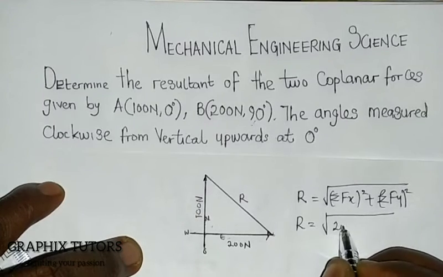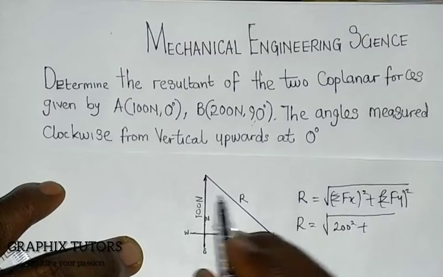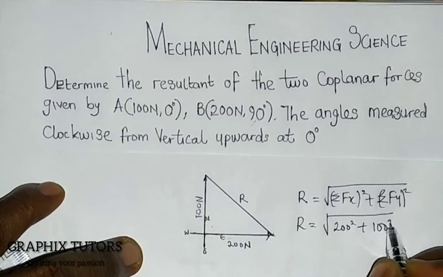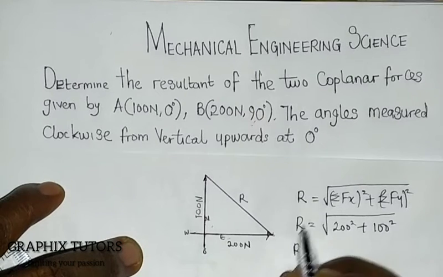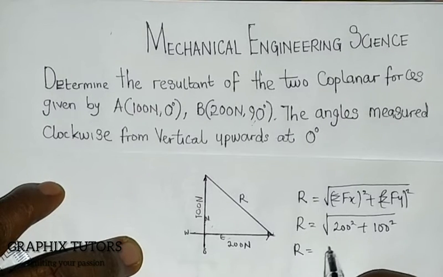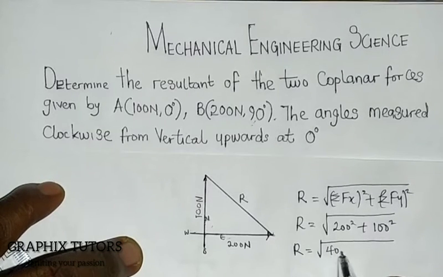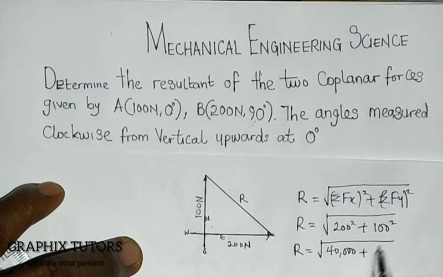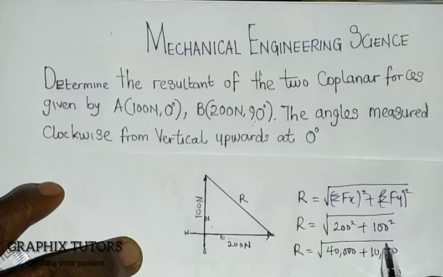So I write 200 squared plus F of y, the force acting vertically, which is 100 squared. So 200 squared is 40,000, plus 100 squared, which is 10,000, because 100 squared is 100 times 100, right?